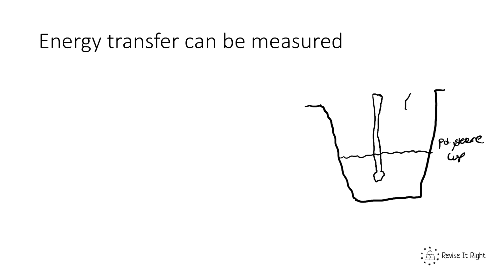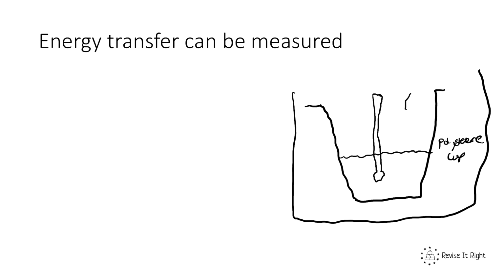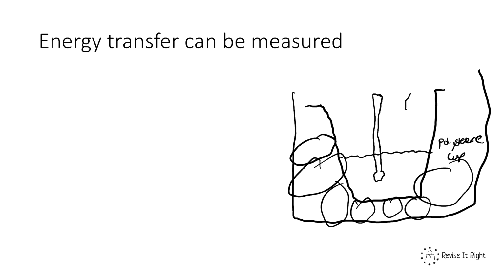The biggest problem with energy measurements is the amount of energy that might be lost to the surroundings, and you can reduce this by putting the polystyrene cup into a beaker, like so, that contains cotton wool. So all this here around the polystyrene cup is cotton wool. This will give it more insulation.